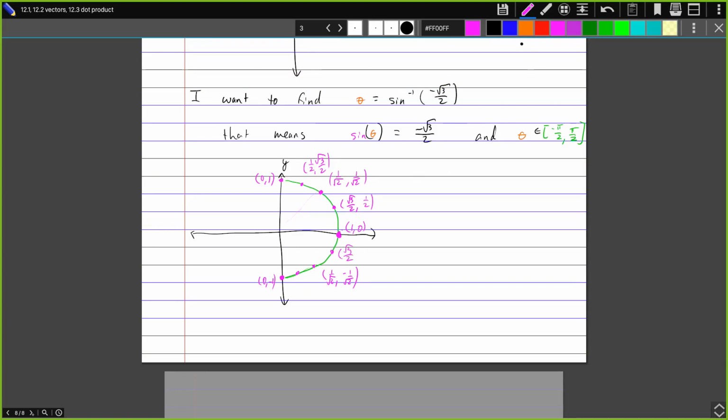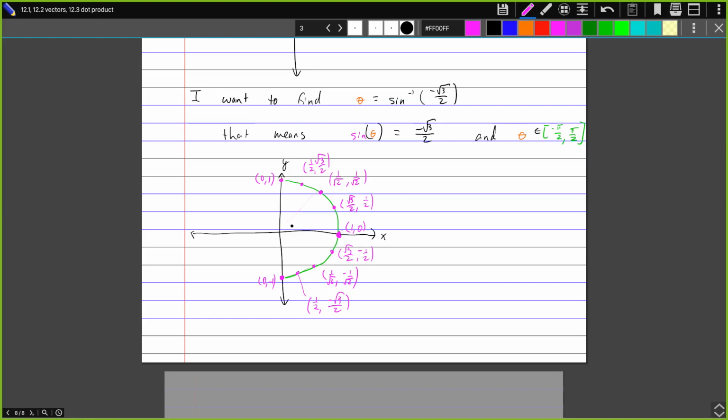The x values are always positive because that's the part of the unit circle I'm looking at. So this would be root 3 over 2, 1/2. And finally, I've got 1/2, minus root 3 over 2. The y values down here are negative because I'm below the x-axis, and the y values up here are positive because I'm above the x-axis.